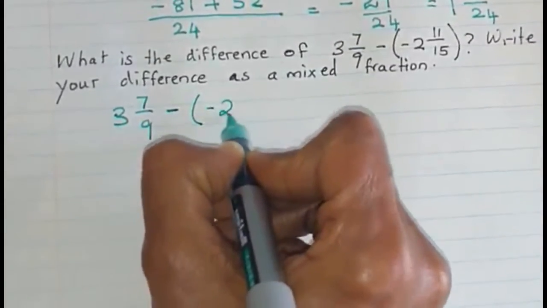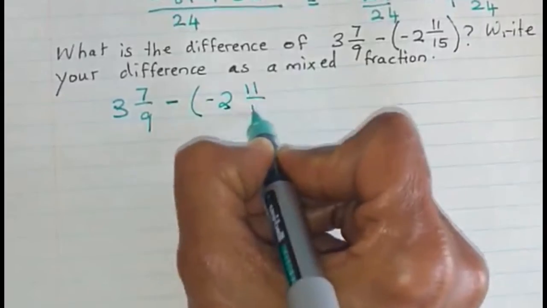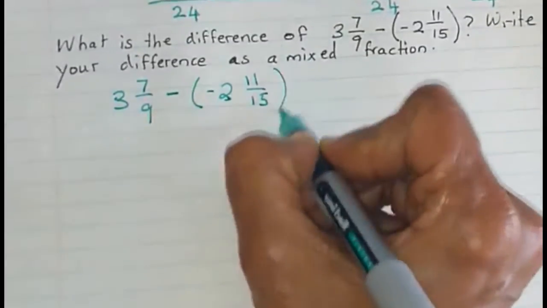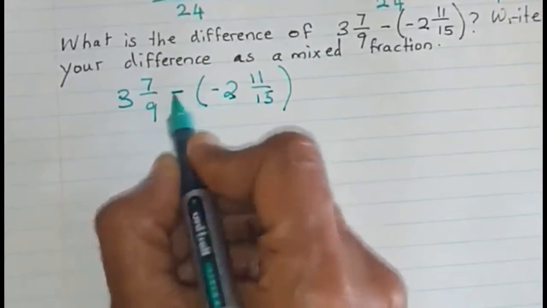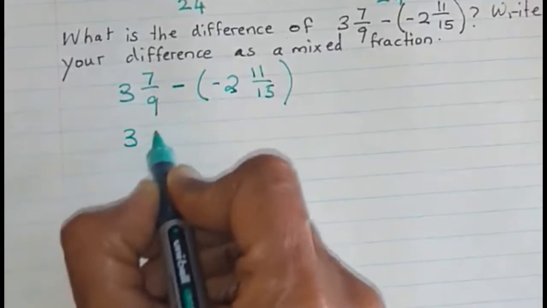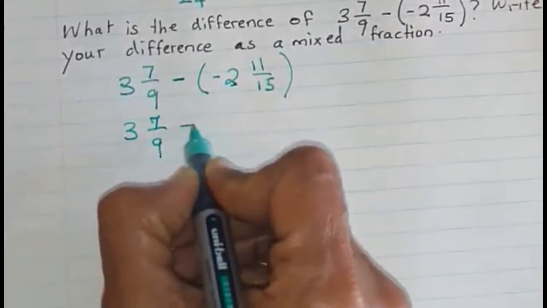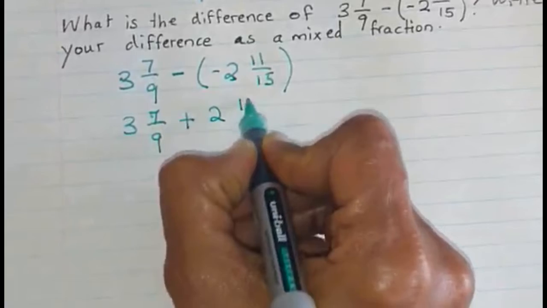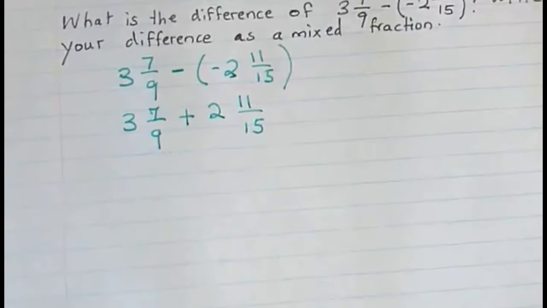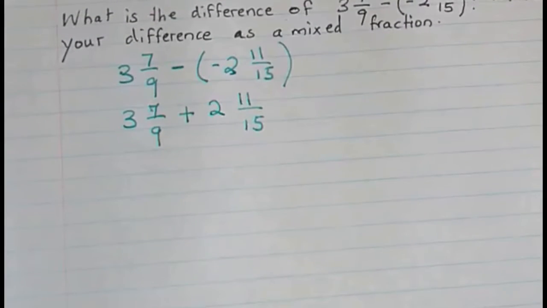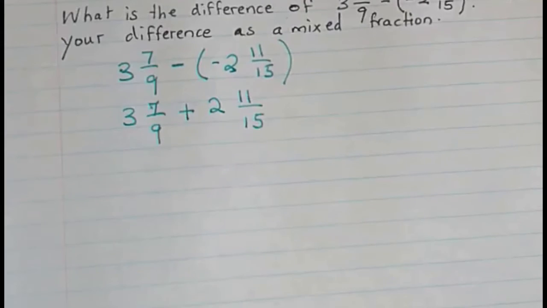Negative 2 and 11 over 15. So if I have two negatives, that's going to become positive. So I'm going to write that here. Positive 2 and 11 over 15. Now I'm going to change this into improper fractions.